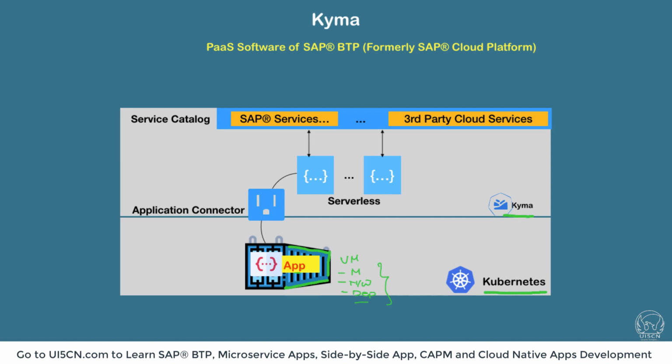Now the application code is your actual business logic here. What Kyma does is, if your application wants some kind of enhancement, it provides a connectivity from the application, and that small enhancement code can be written as a serverless function.